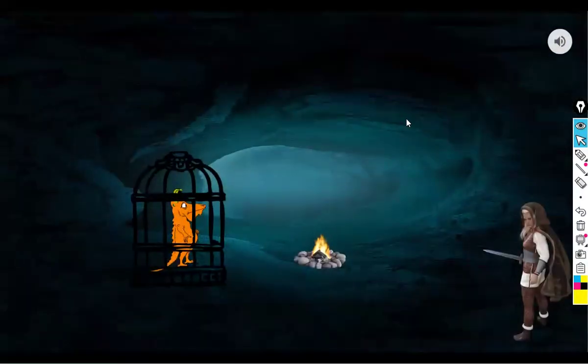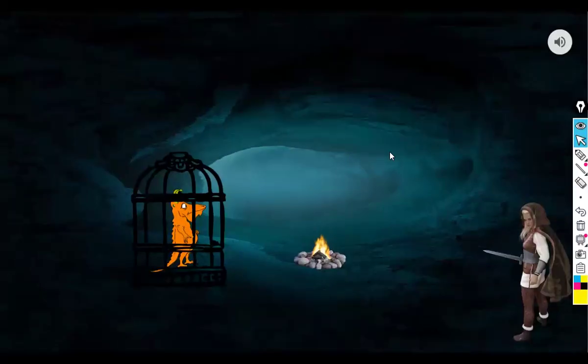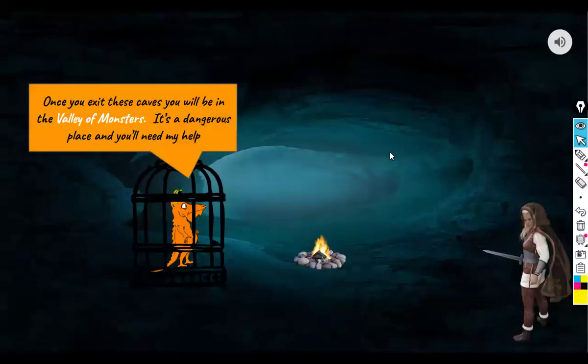All right, so let's see what we decide here with the Lagahu. Now, the Lagahu tries to convince us. Obviously, he wants his freedom, right? You can't blame him. He tells you that when you exit this cave, you have to go across a place called the Valley of Monsters, and he tells us we are going to need his help.